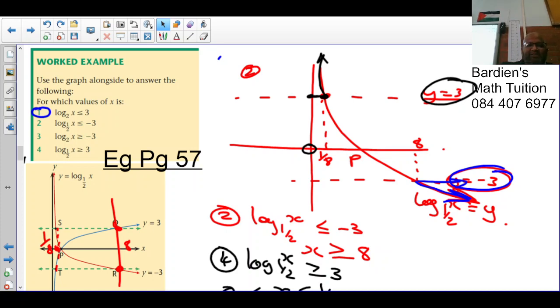So it's number 1, 2, 3, 4, 6, 8, not 7. That's it. So it's not the whole assignment.